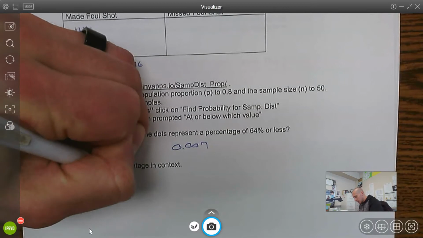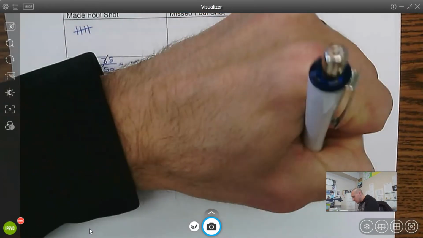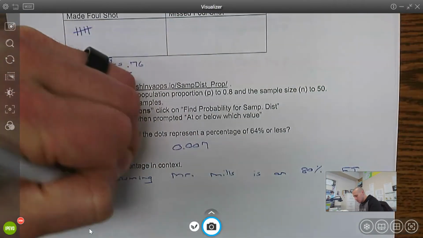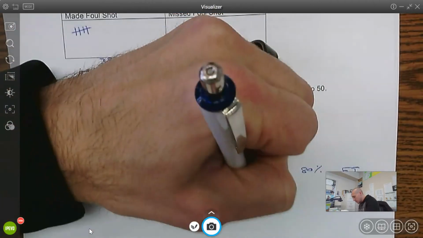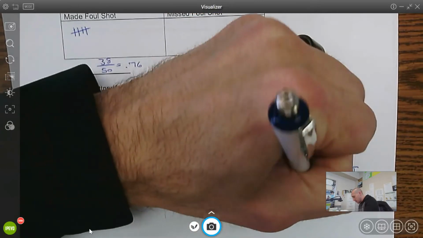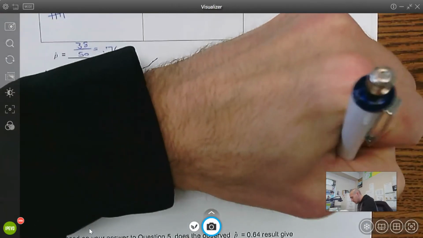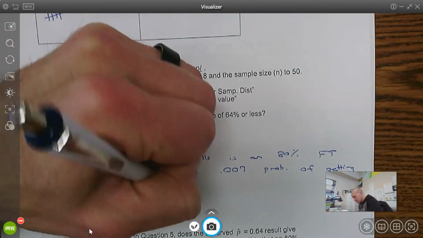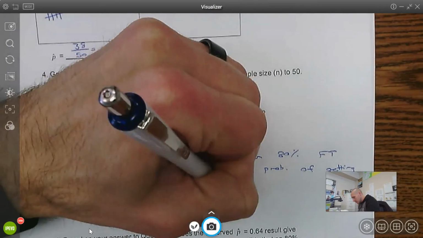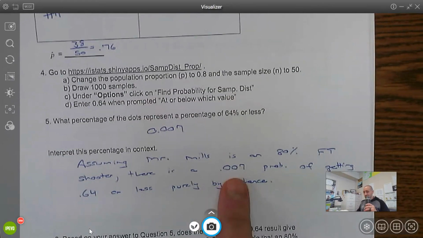So I'm making an assumption that, assuming Mr. Mills is an 80% free throw shooter, there is a 0.007 probability, and your probability is going to be different most likely, of getting 0.64 or less purely by chance. So the likelihood that an 80% free throw shooter makes 64% of their 50 shots or less is really, really small.